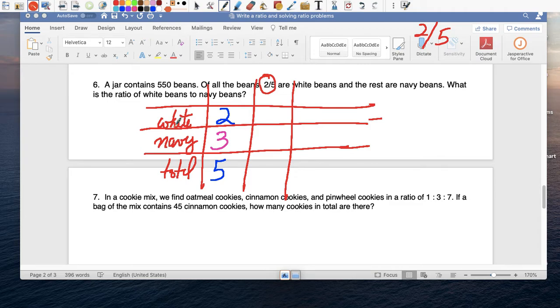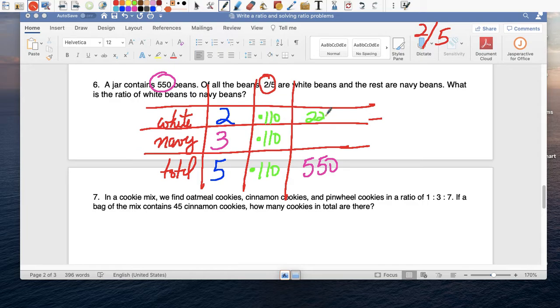Okay. Now, when we have 550 beans, how many? What's the ratio? So I'll put 550 aquí. What do we multiply by? Use your calculator. 550 divided by 5 is times 110, times 110, times 110.